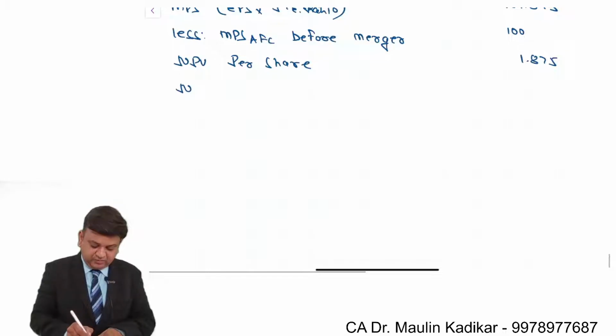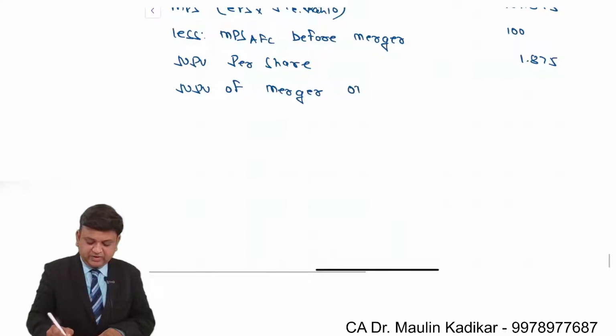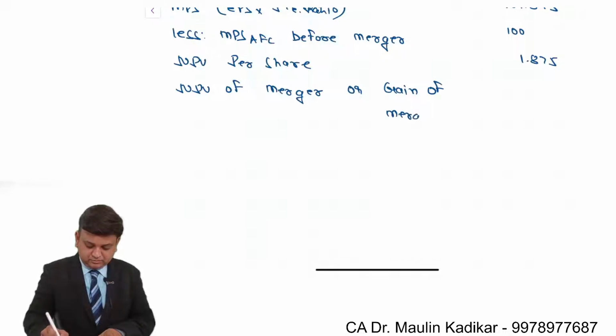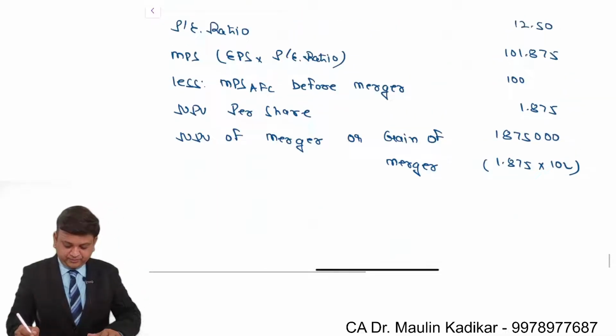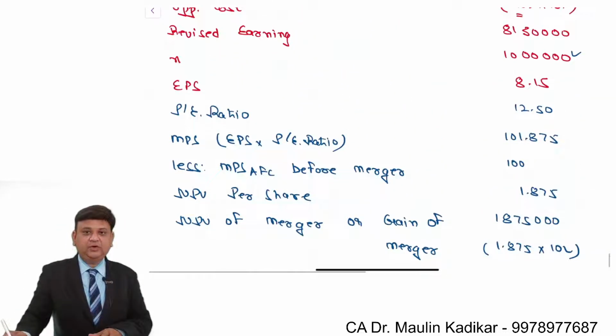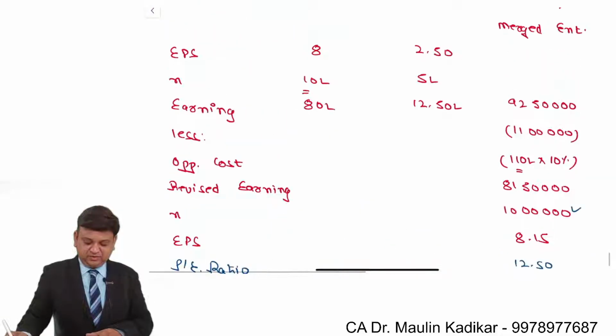So NPV of merger, or we can say that it is the gain of merger, is 18 lakh 75,000. So 1.875 into 10 lakhs. That is the way NPV or gain due to merger is supposed to be calculated.